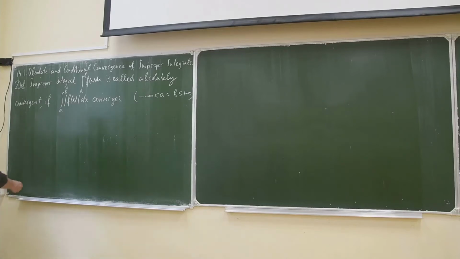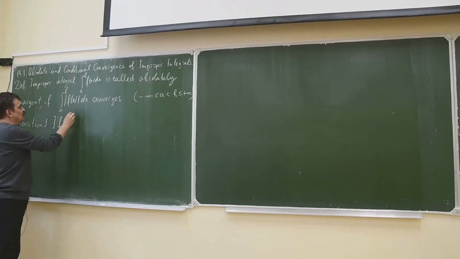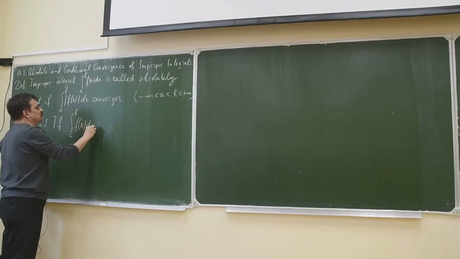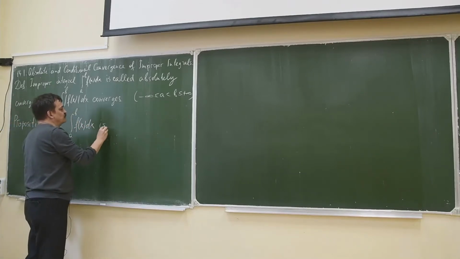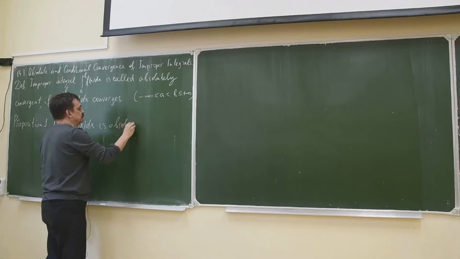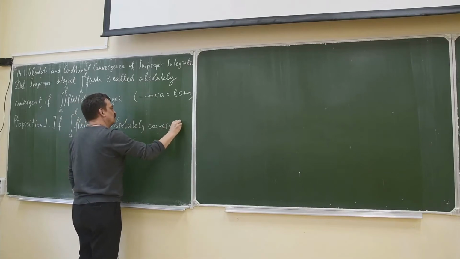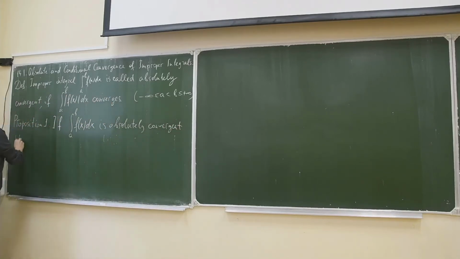And now a simple proposition 1. If the integral is absolutely convergent, then it converges.